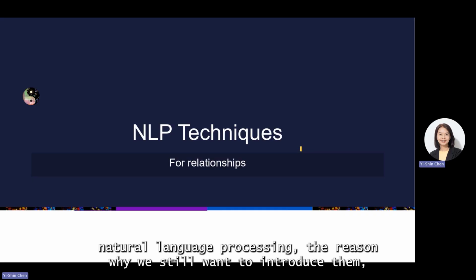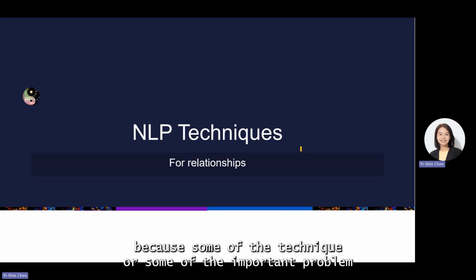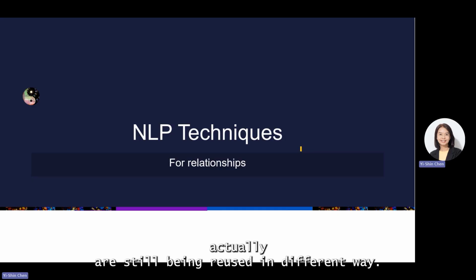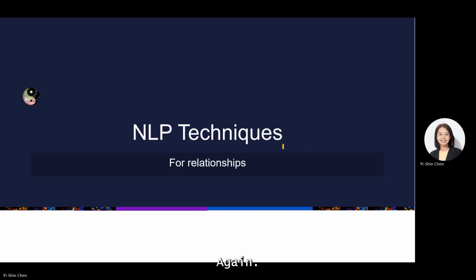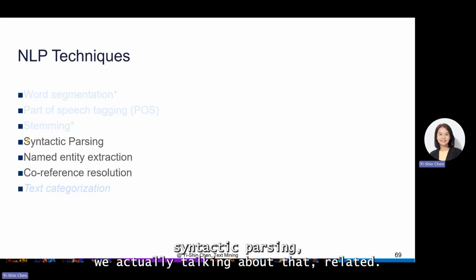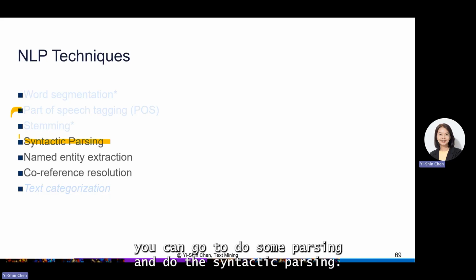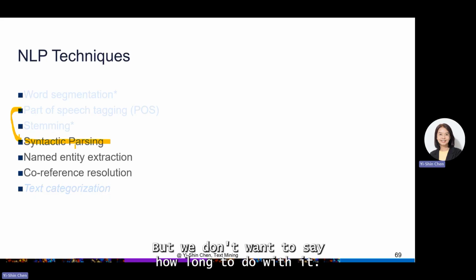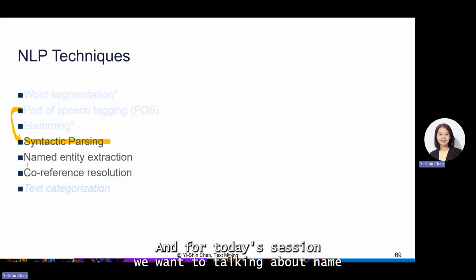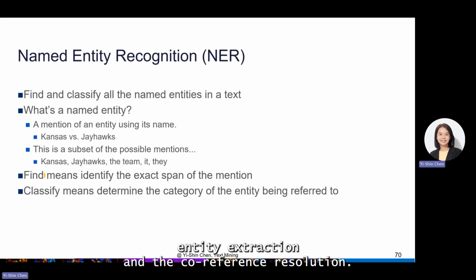The reason we still introduce them is that some of the techniques and important problems are still being reused in different ways. There is also syntactic parsing: after you have the part-of-speech tagging, you can go on to do syntactic parsing. But we don't want to cover how to do it, just remember that term. For today's session, we want to talk about named entity extraction and coreference resolution.